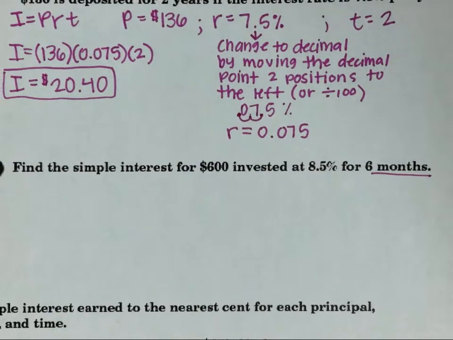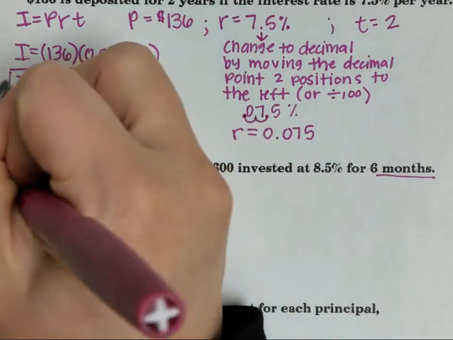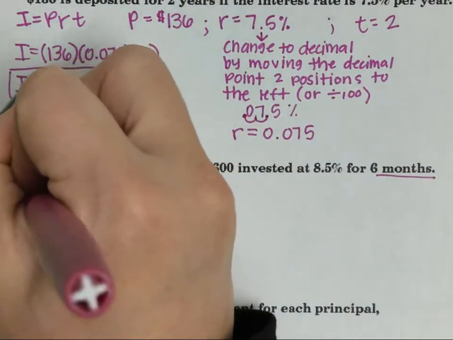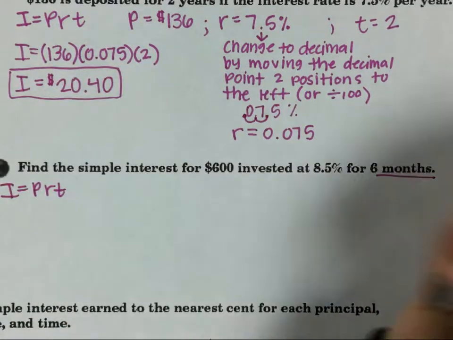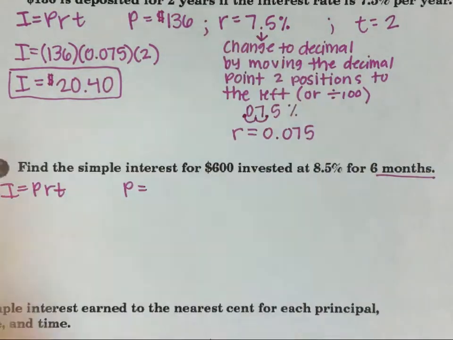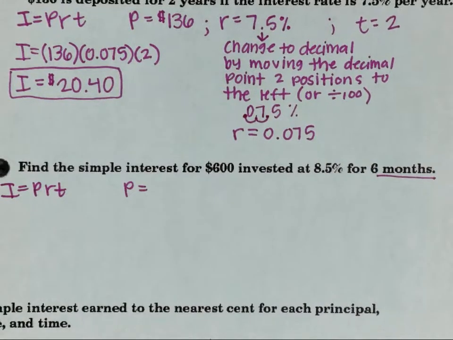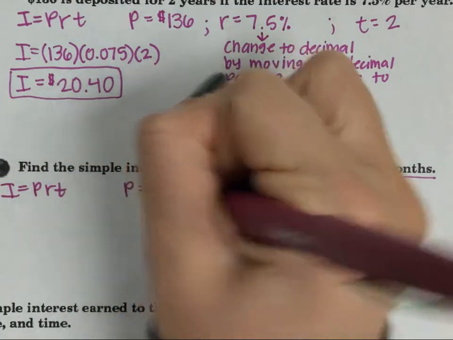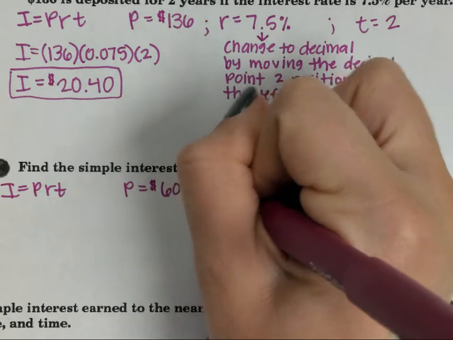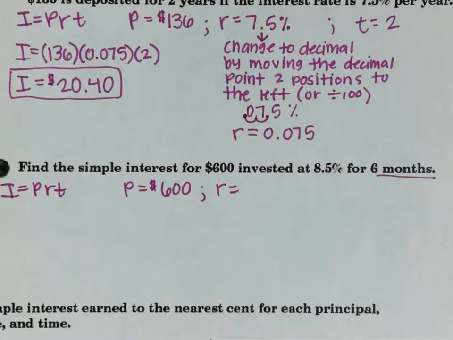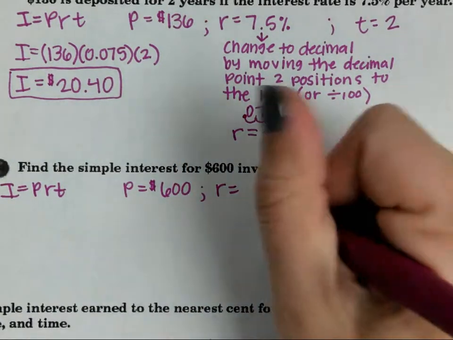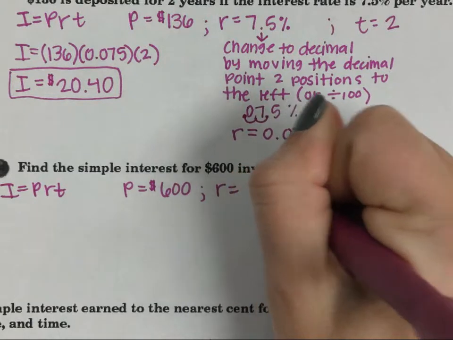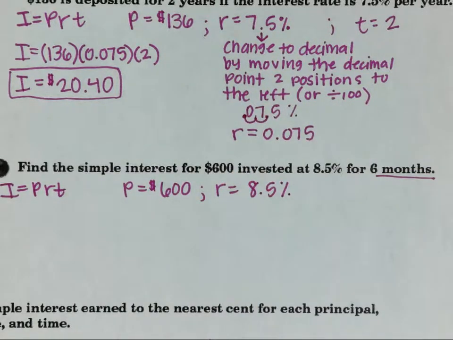But first, let's just start out by defining our variables. So I equals PRT. What is my P? $600. What is my R? 8.5%. But I need to change that to a decimal, right?